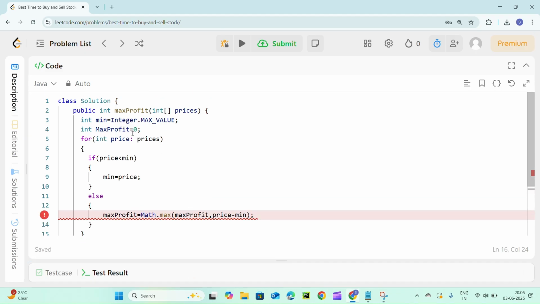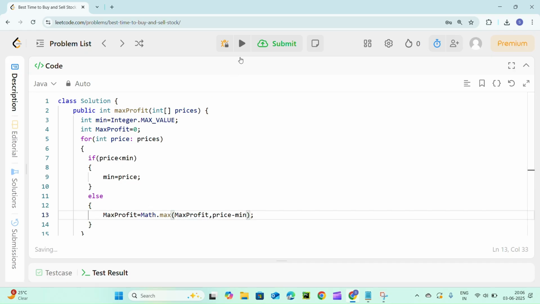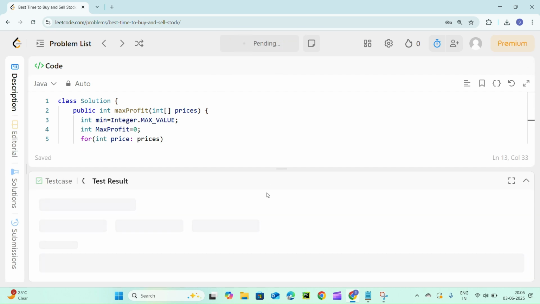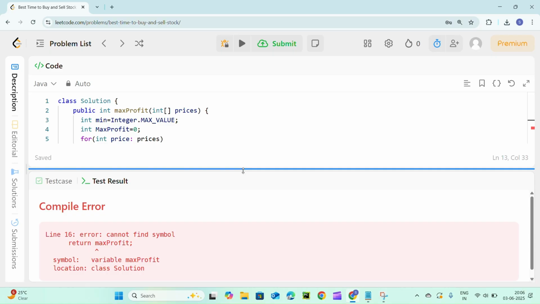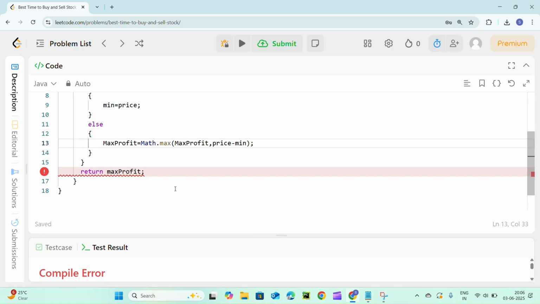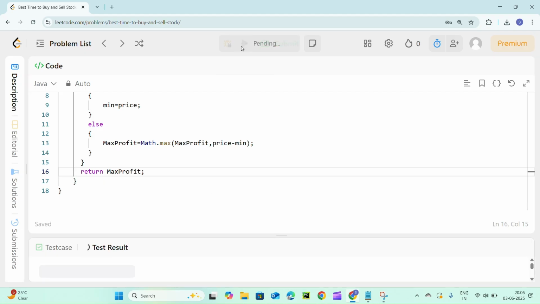Yeah, maxProfit is already the name given for the method. So let me capitalize it. Okay, so we don't get any error. Yes, that is fine, I guess. Here I am returning max also, sorry.